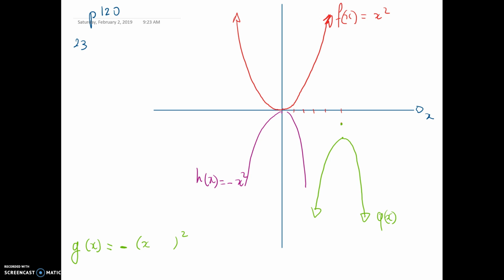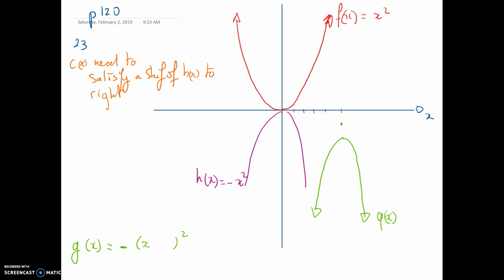The new function c of x needs to satisfy a shift of h of x to the right.